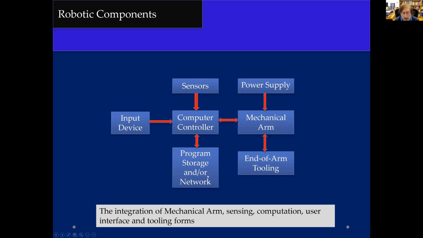And of course, this is all going to be operated by making use of some programs and some data which is already stored. So another block is the storage of the programs and data, and for getting connected to the network.